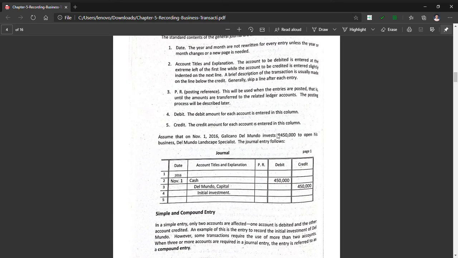That is pera, right? So, pera is an asset. So, asset is affected. Next, dahil nag-invest si Galicano or Del Mundo, na-affect yung capital kasi nga capital is just the representation of the ownership of the owners. Right? So, dahil nag-invest siya, na-affect yung capital.